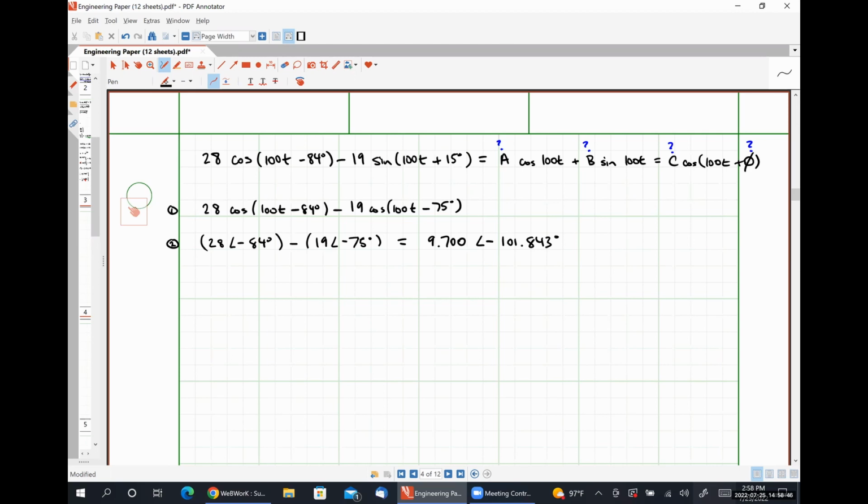where this bit is C and this bit is phi.